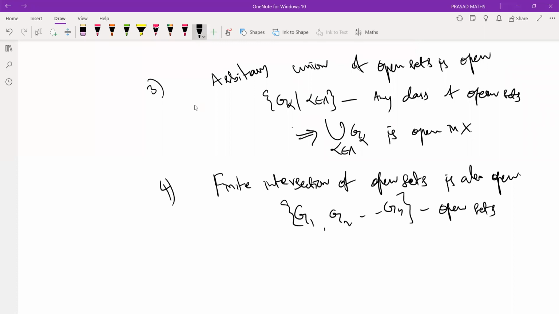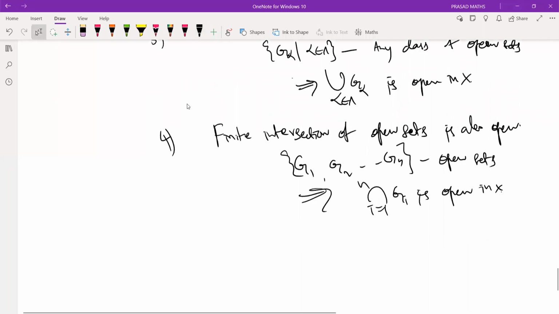How many members? N members. That implies if you take the intersection, the finite intersection is also open. This is a standard theorem in Rudin. The same proof which you worked for real analysis also applies. And it need not be true for an infinite collection. We have seen an example in the basic analysis course, of course. It cannot be extended to an infinite collection.